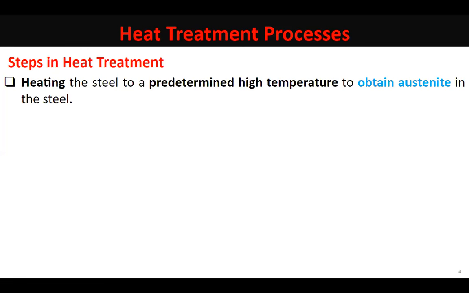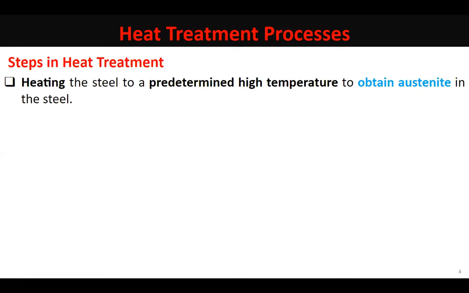When you have a material system at room temperature, you heat it to a stipulated, predetermined high temperature, which is referred to as the heat treatment temperature. One thing that automatically gets sorted out is that you will get some specific grain size in the microstructure of the steel.